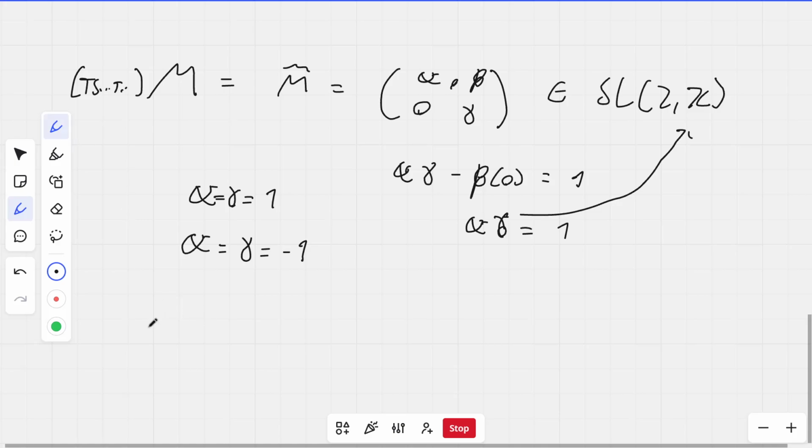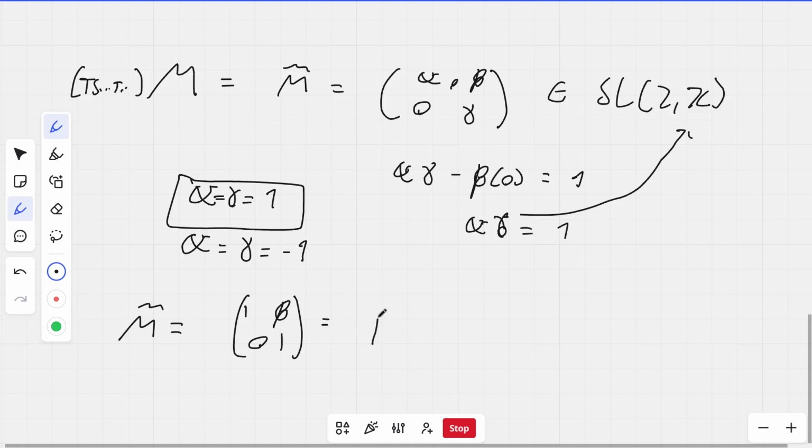In each case, so let's consider the first case. In the first case where they're both equal to 1, we have our new matrix as 1, 1, 0, beta, which, if you remember from before, is just T to the beta. And so in this case, we have our original arbitrary matrix M multiplied by some powers of T and some powers of S, whatever, equals T to the beta.